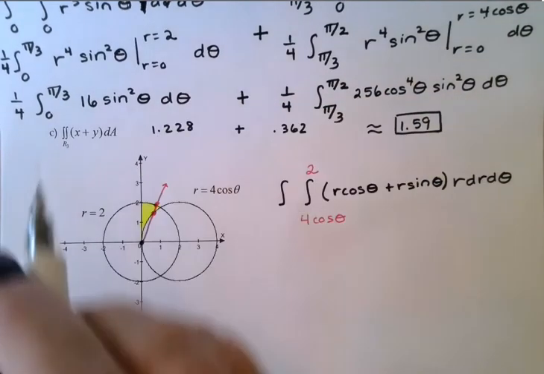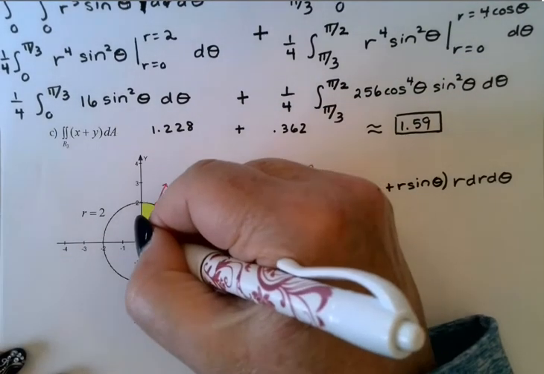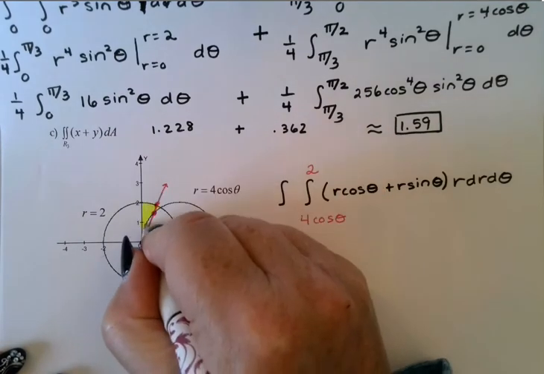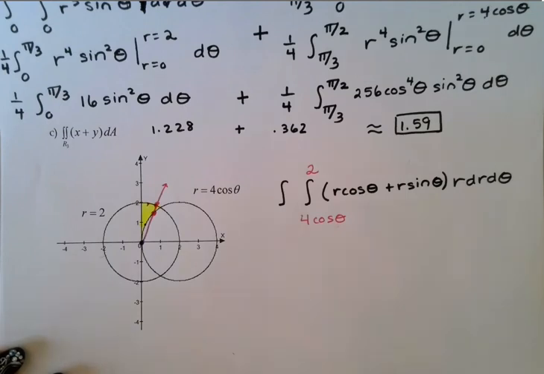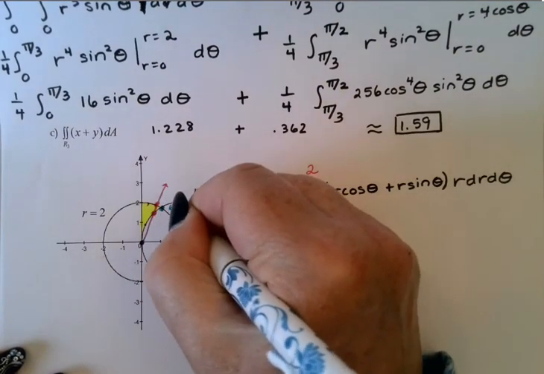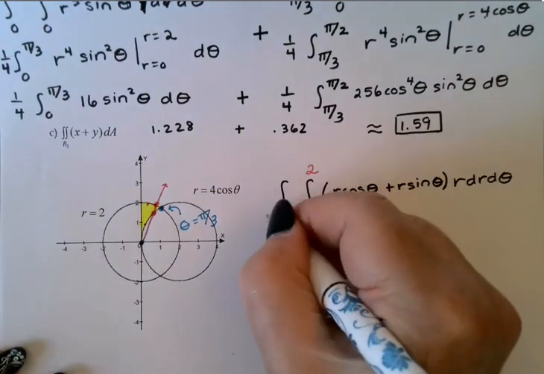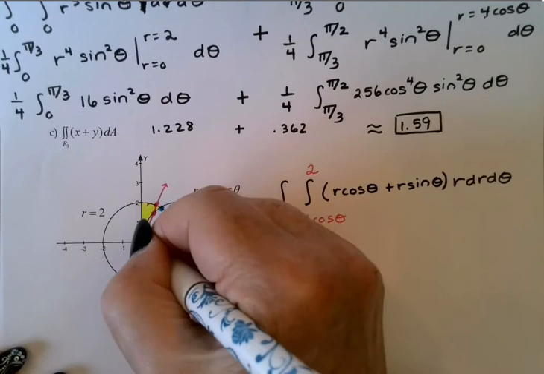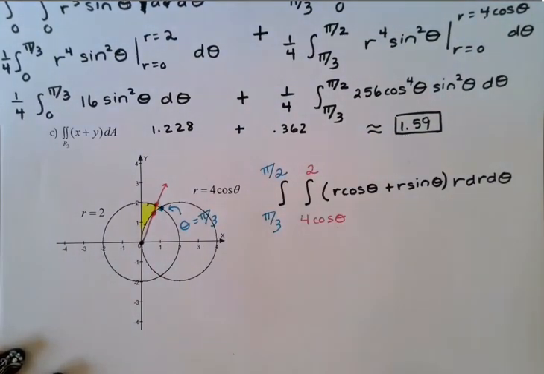And that's going to be consistent all the way through. It's going to get really, really skinny over here, but it's the same thing. We're always going to start at the 4 cos theta and stop at the r equals 2. We already knew this intersection point was theta equals pi thirds. So we'll go from pi thirds to the end of the first quadrant, which would be pi halves.